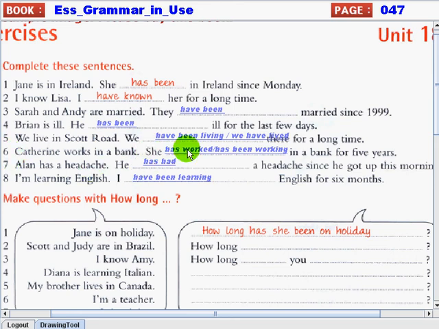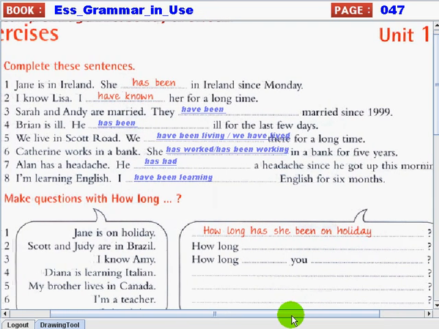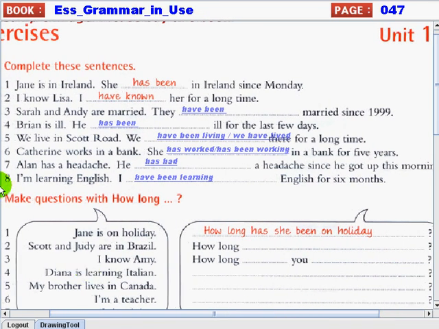She has worked in a bank for 5 years, or she has been working in a bank for 5 years. Alan has a headache. He has had a headache since he got up this morning. Lastly, we have number 8. I'm learning English. I have been learning English for 6 months. Alright?